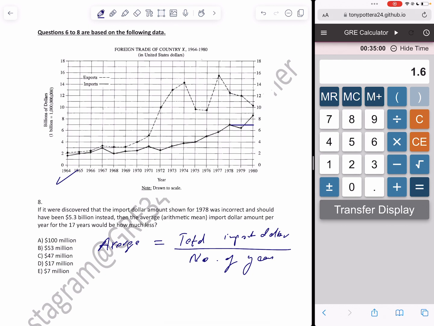Then 1965 is 2 plus 2.3. 1966 slightly over 2, that's 2.1. 1967 is 3. 1968 is 2. 1969 is slightly over 2, sorry, so it's 2.4. 1970 is approximately 2.5. I'm just using approximate values. We don't need exacts.